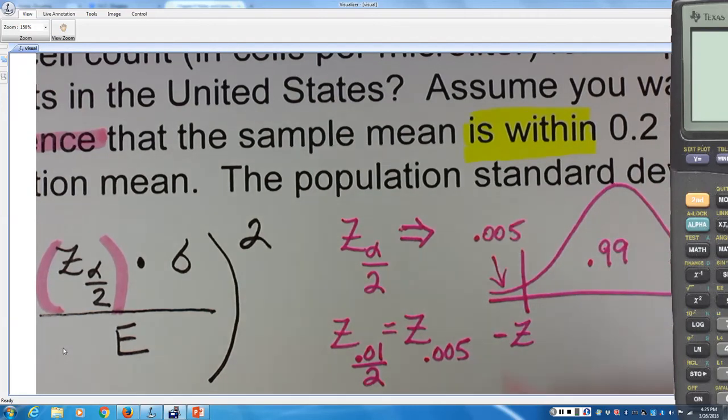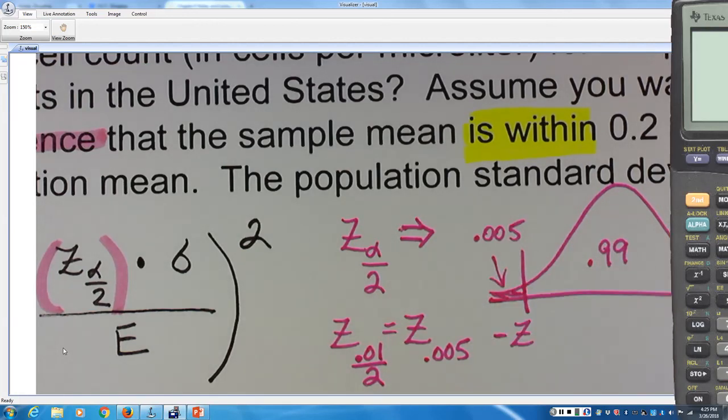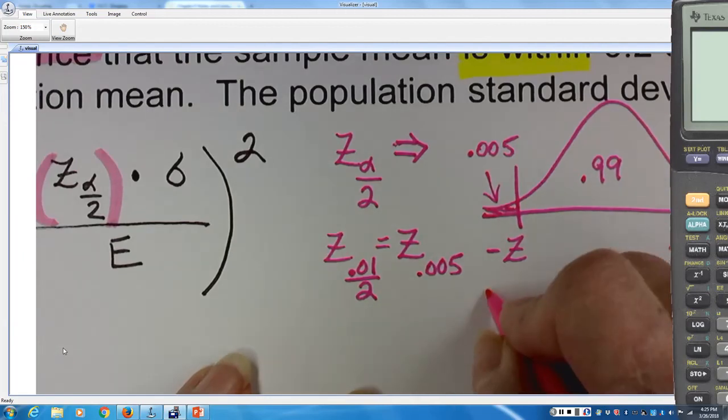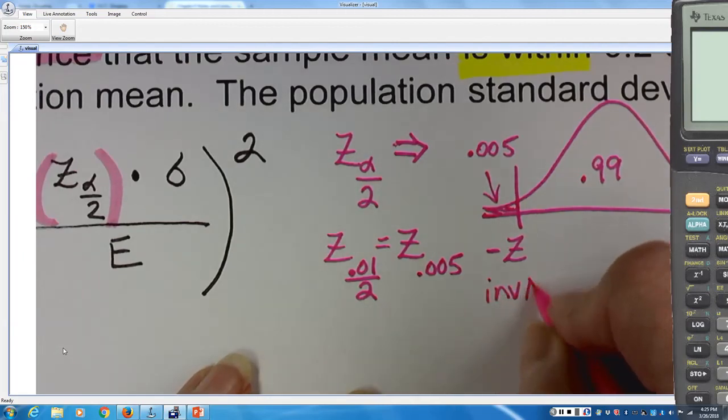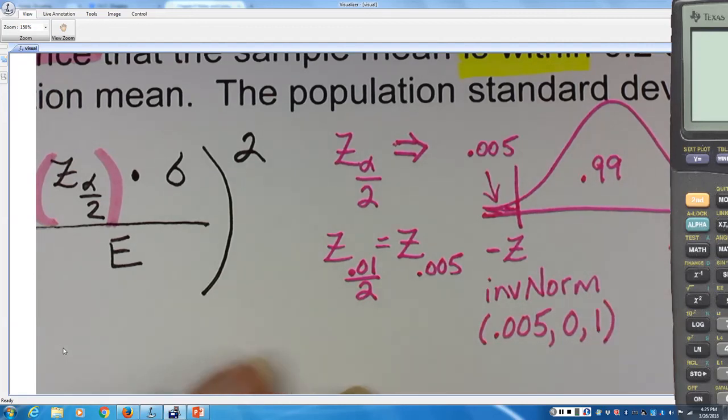Okay? That's the area to the left. That means in order to find that z-score, we're going to use inverse norm, area to the left, mean of 0, standard deviation of 1, because it's z.